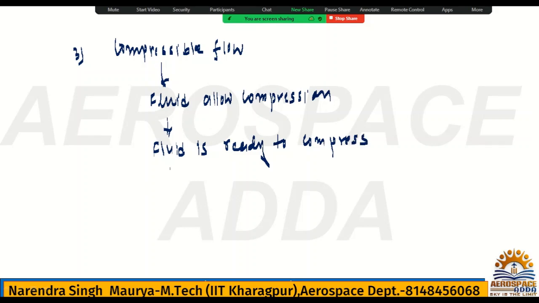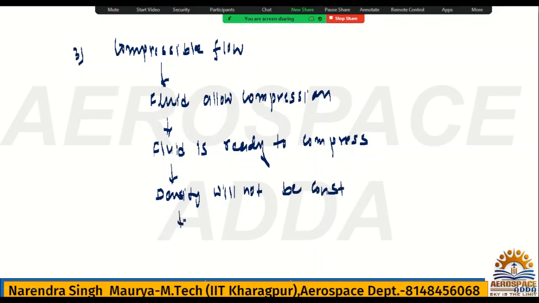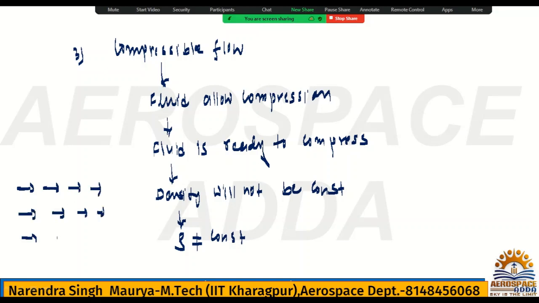If the fluid is ready to compress, then density will not be constant, right? If density is not constant for any fluid flow, or flow field, better to say flow field, then it is called compressible flow.